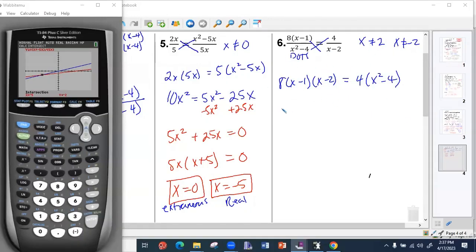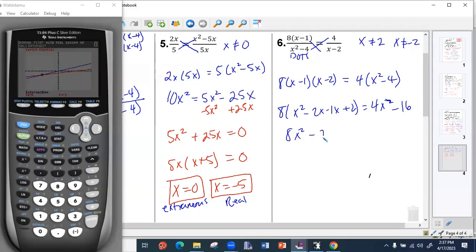So I'm going to distribute, and I get 8 times x squared minus 2x minus 1x plus 2 equals 4x squared minus 16. Okay, I'm going to distribute the 8. So I get 8x squared, a -2, and a -1 makes -3. -3 times 8 makes -24x.